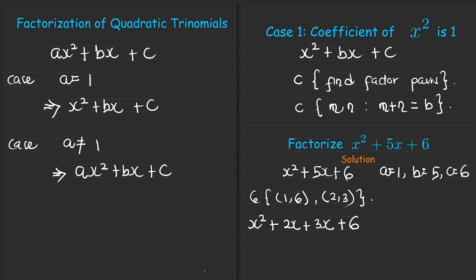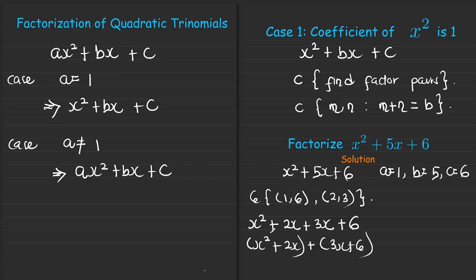So if we want to continue, we have x squared plus 2x. If we are grouping, we would have x squared plus 2x in one group, then plus 3x plus 6. So x squared and then 2x, what do they have in common?